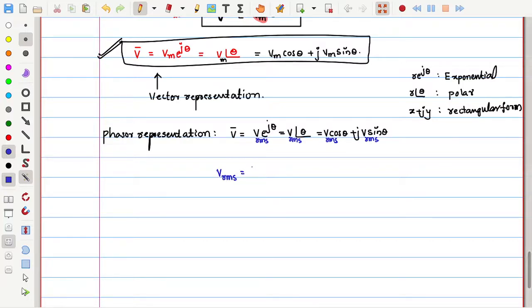For a sinusoidal, VRMS is equal to Vm by root 2. If we express in peak values, it becomes the vector representation. If we express the amplitudes in RMS value, that becomes the phasor representation. That is the only difference. Sometimes we may use either, but preferably go with RMS values all the time.